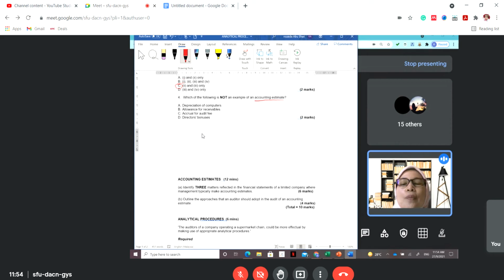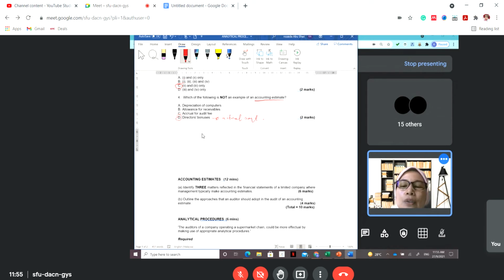Director's bonus normally is on the provision or on the actual amount? Actual amount. So that's why the answer is not estimate. Okay, it's based on the actual amount. It's not the provision. Kita tak ada provision for directors bonuses. So that is the actual amount paid to the directors.